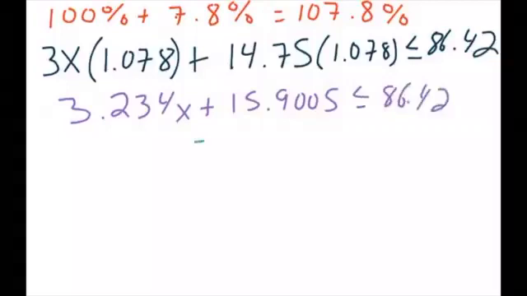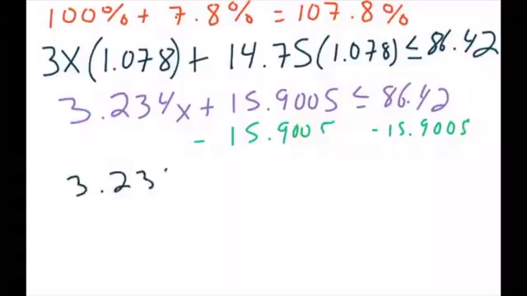Now we're going to subtract 15.9005 from both sides. So now we have 3.234x is less than or equal to 70.5195.